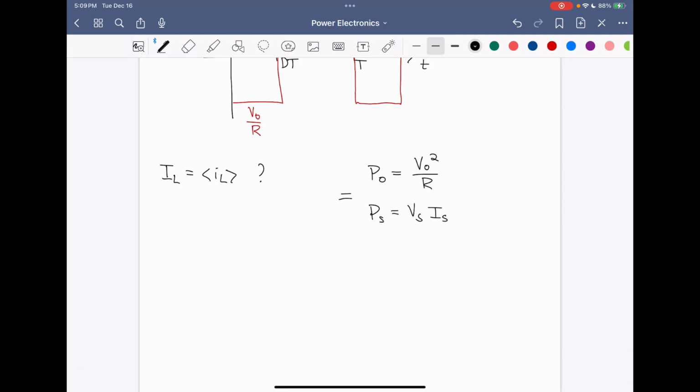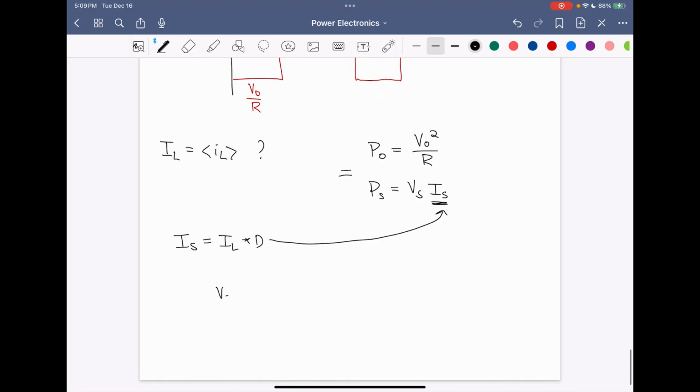To figure out what IL is, we can express the source current in terms of big IL. During the DT interval, the source current is equal to the inductor current, while for the D prime T interval, the source current just equals 0. So therefore, IS equals IL times D. We can substitute this expression in for IS.